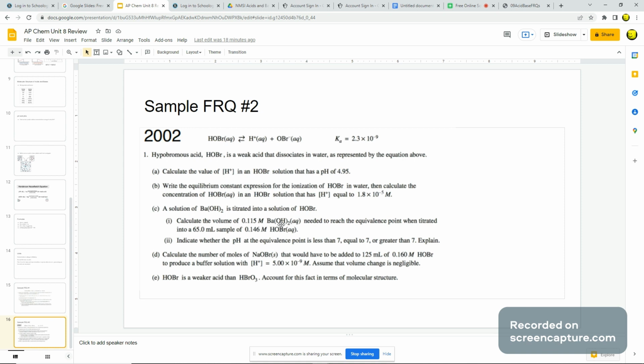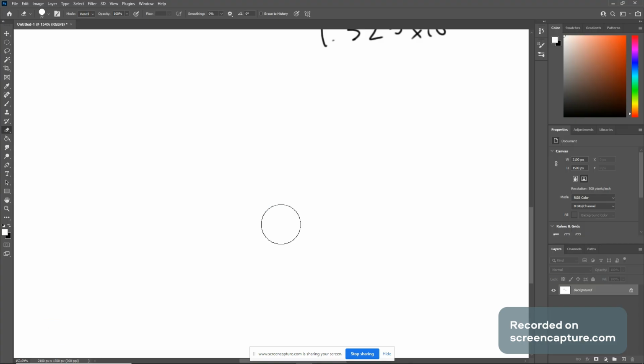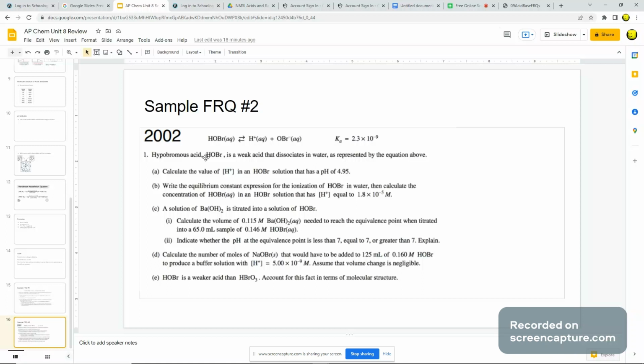B, write the equilibrium constant expression for the ionization of HOBr in water, then calculate the concentration of HOBr in an HOBr solution that has H plus equal to 1.8 times 10 to the negative fifth molar. Okay, so we need to use the concentration of the H plus ions.